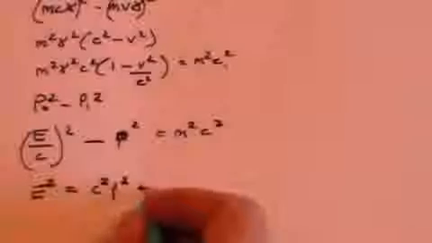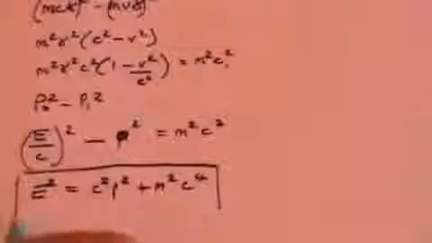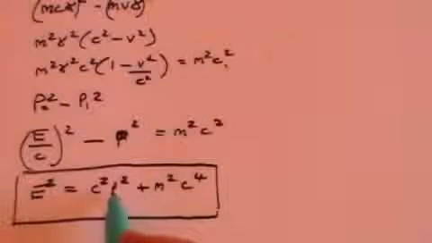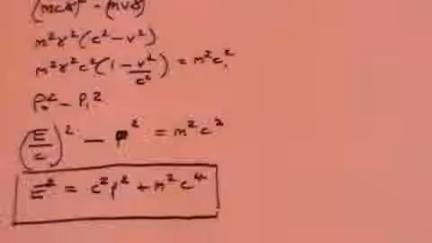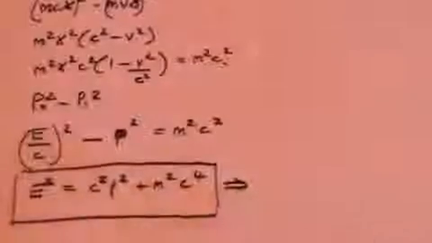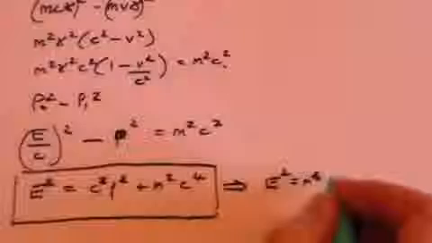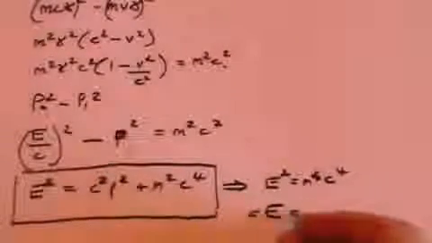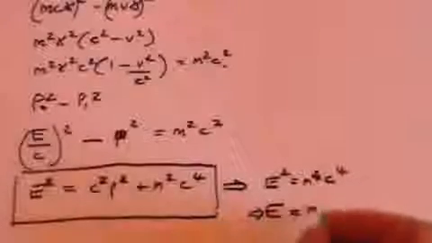Multiplying through by c squared, you find that E squared equals c squared p squared plus m squared c to the 4th, which is the general term for calculating energy when you have momentum. If momentum is 0, if the object is not moving, p is 0, and this reduces to E squared equals m squared c to the 4th, or the famous equation, by square rooting both sides, E equals mc squared.